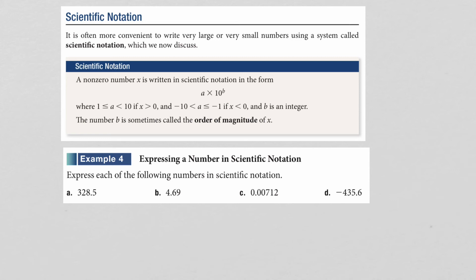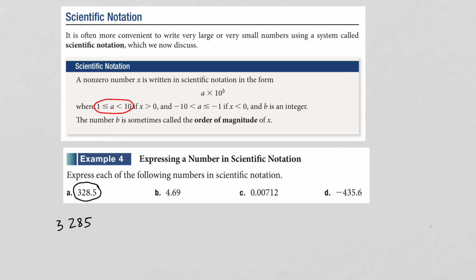So to express each of the following numbers here in scientific notation, what we're going to do is we're first going to take the raw number that we have. So in this case, we have 328.5. And we're going to move that decimal to the place where that number now becomes a number in between 1 and 10. To do that, we need to put the decimal right after the 3 here, right?